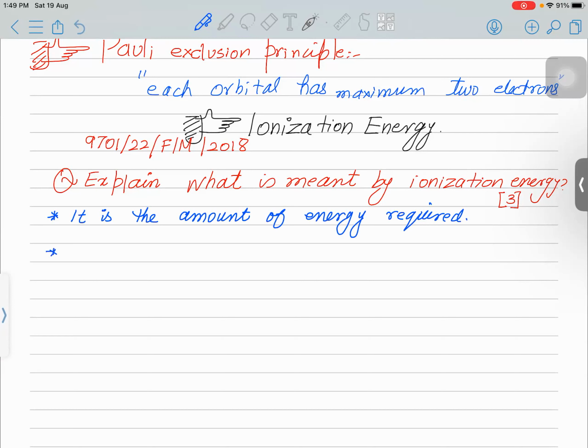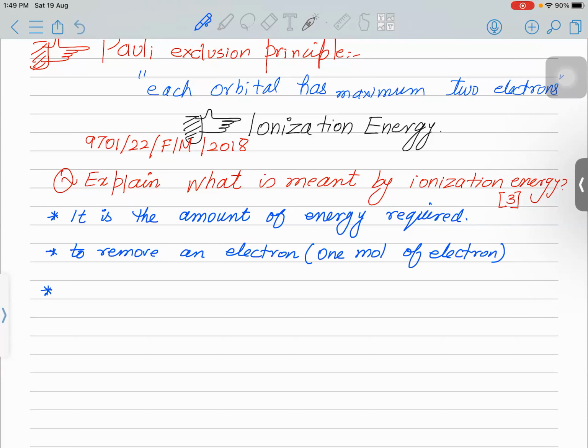Point number 2, to remove an electron, or 1 mole of electrons. Both are correct.